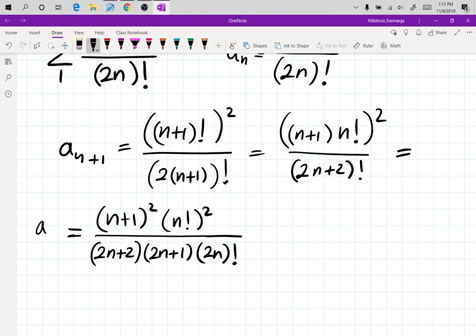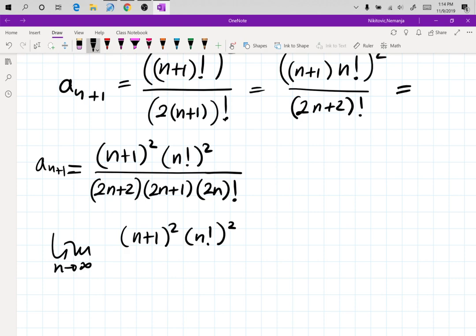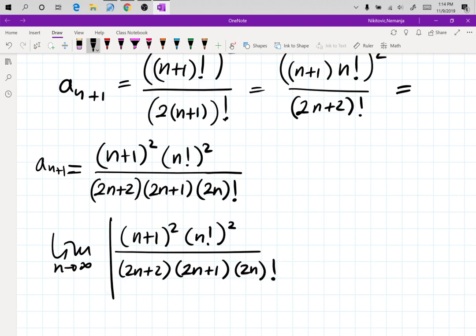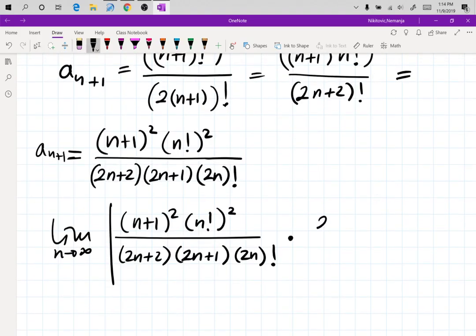This is my a_{n+1}, I hope. Let's see. So limit as n goes to infinity, I have (n plus 1) squared, n factorial squared, divided by (2n plus 2)(2n plus 1)(2n factorial), times the flip of the original a_n, which is 2n factorial on top divided by n factorial squared on the bottom.